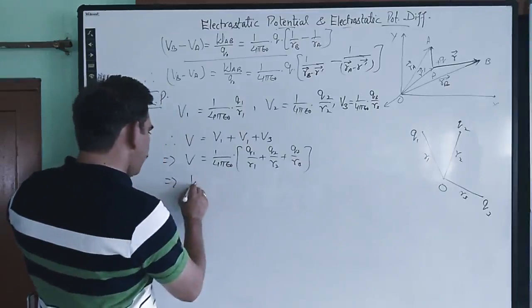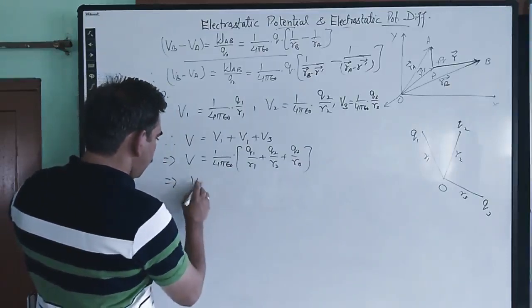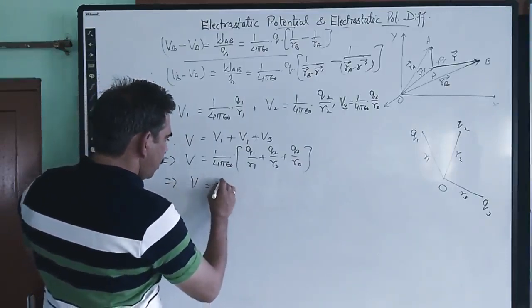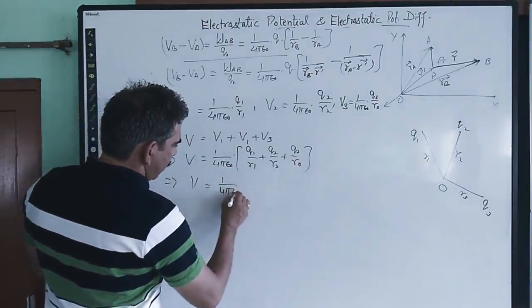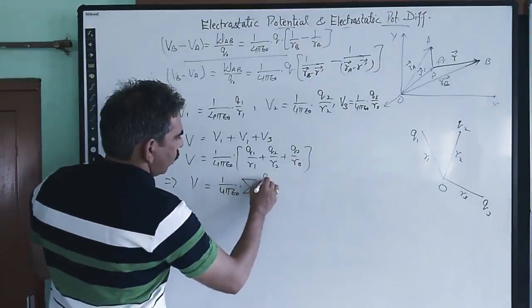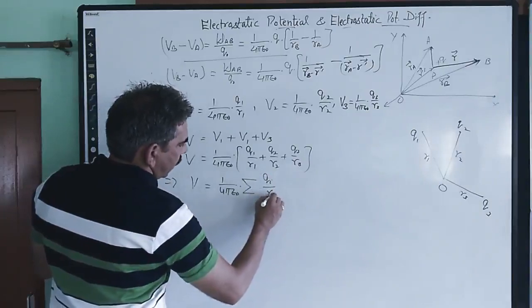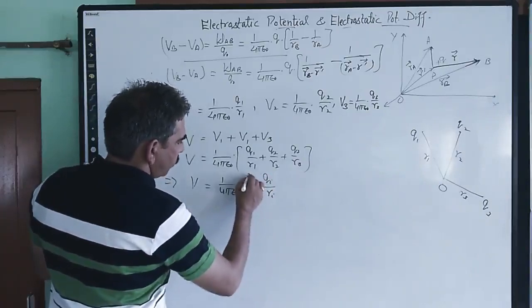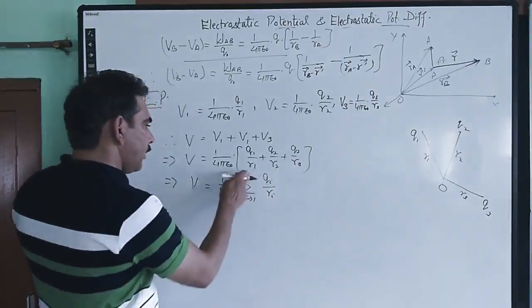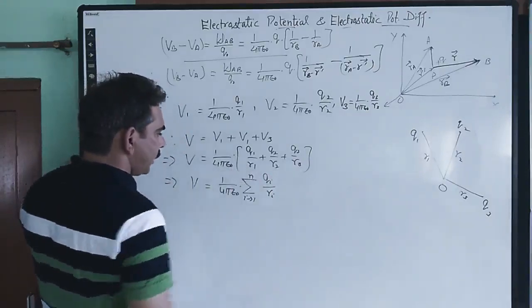And in generalized form we can write the total net potential to be 1 upon 4 pi epsilon naught into summation of Qi upon Ri as i goes from 1 to 3. If we have 3 charges, and if we have n number of discrete charges, we simply write it as n.